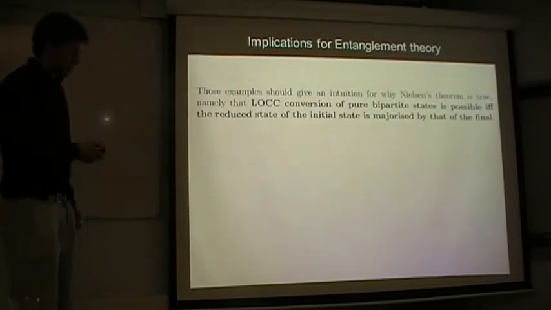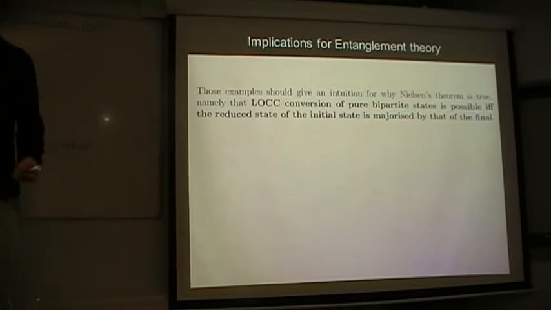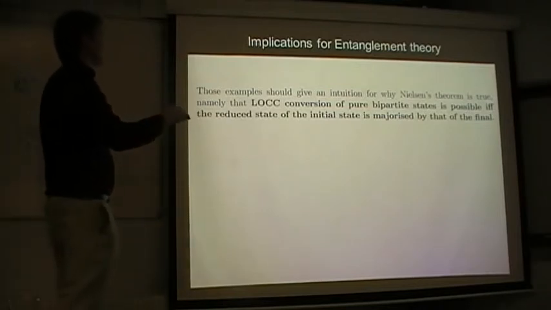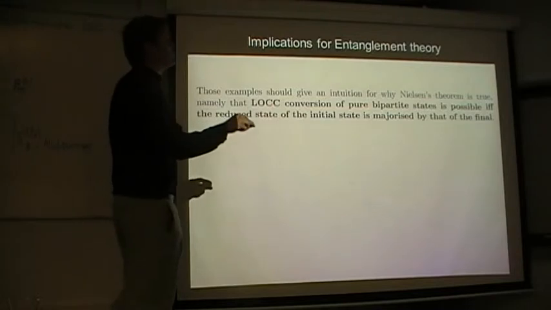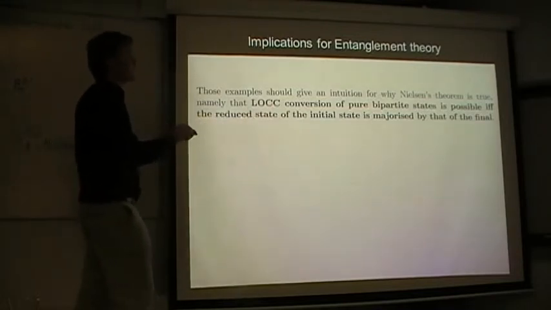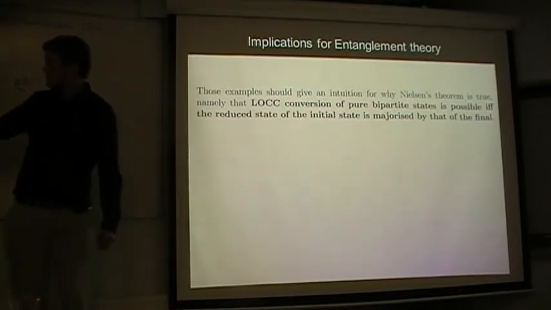Okay, so that's not a proof of Nielsen's theorem. It's just to give you a picture of how to remember which way the majorization result goes. So Nielsen's theorem says that LOCC conversion of pure bipartite states is possible if and only if the reduced state of the initial state is majorized by that of the final. So that's this equation.